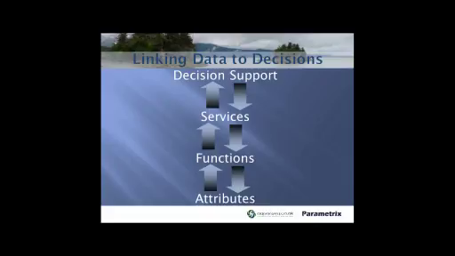Once we know what the services are and what the processes are that we worry about, we identify the attributes from the data that let us know where those services are being performed. Through this sort of framework, we've created a series of decision support tools in GIS that allow for a more objective conversation about what the process trade-offs are, that help set the table for the policy conversation.